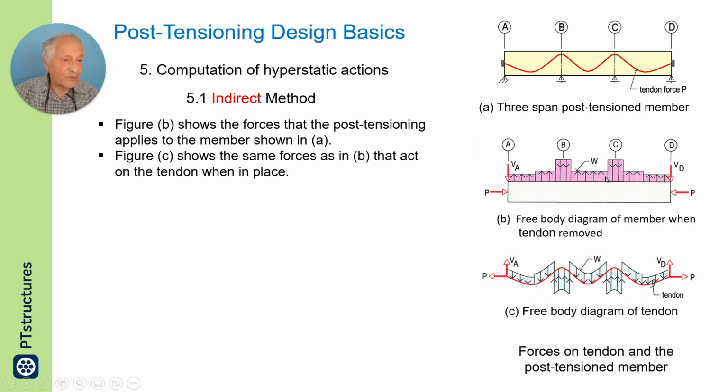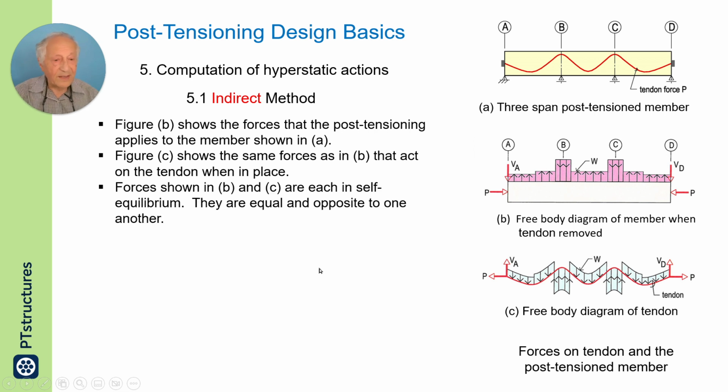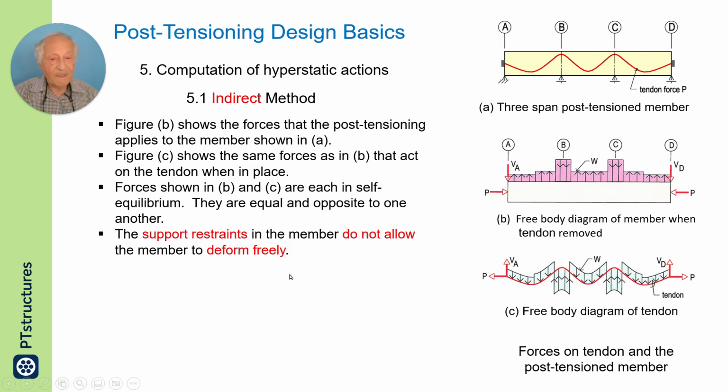These same forces are acting on the tendon. These two are in equilibrium, and then they are equal and opposite. The forces that I have shown here will result in bending of the member on the top, and the bending of the member on the top will result in generation of reactions.